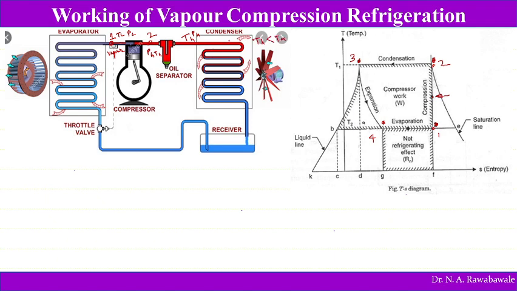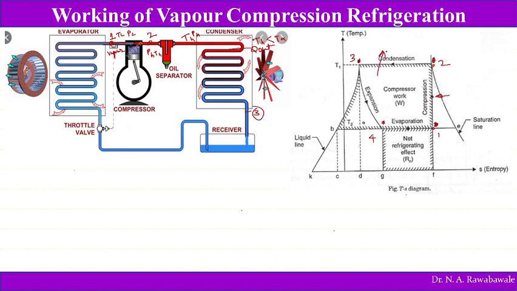When this refrigerant enters the condenser, Q out amount of heat is rejected. So the condensation process takes place from 2 to 3, where the refrigerant gets condensed, thereby rejecting latent heat.